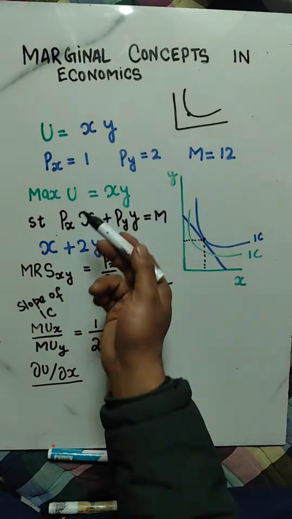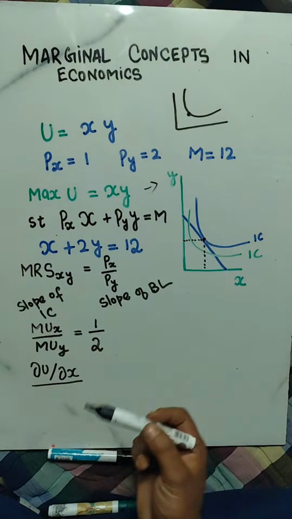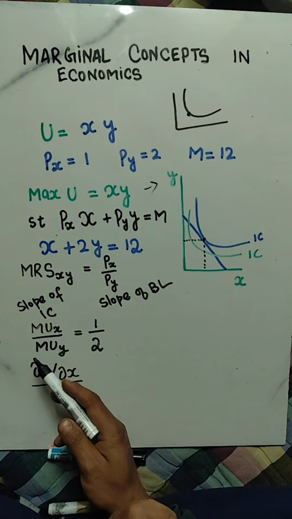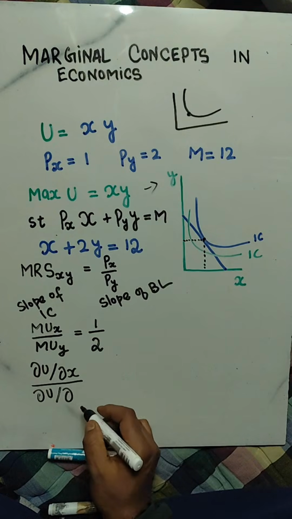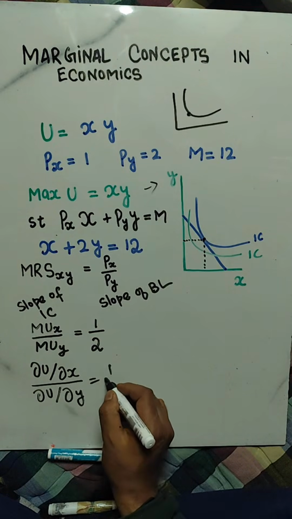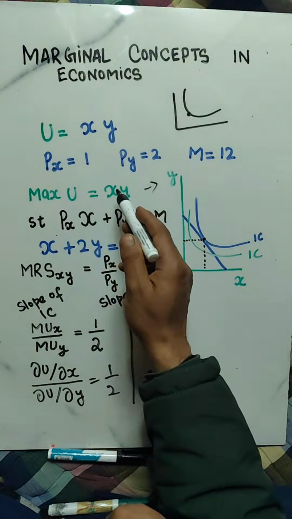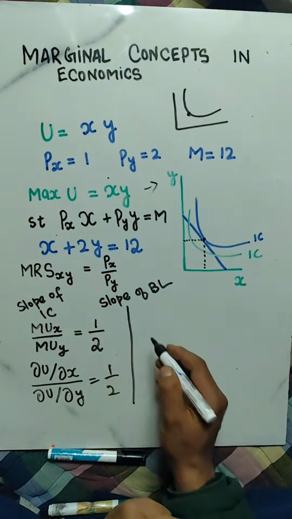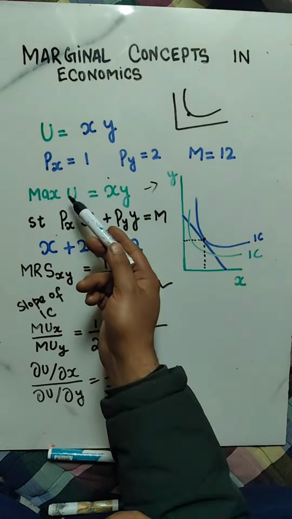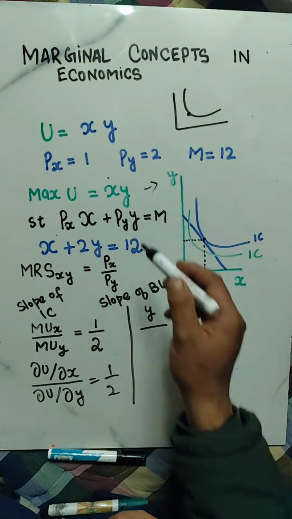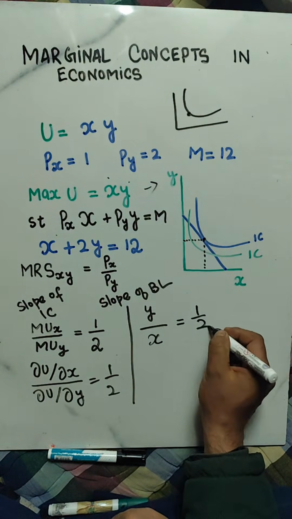Likewise, marginal utility of good y is the change in the utility due to the change in the units of good y consumed, and it should be equal to the ratio of the prices. Let's take the partial with respect to good x. The derivative of x is 1, so we are left with y. Likewise, the derivative with respect to y gives us x, and it should be equal to 1 upon 2.